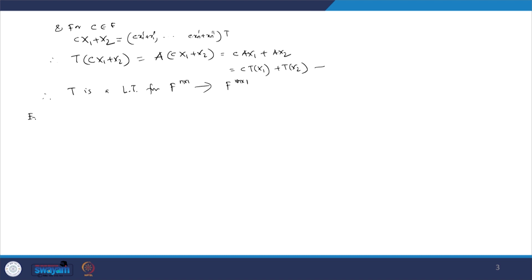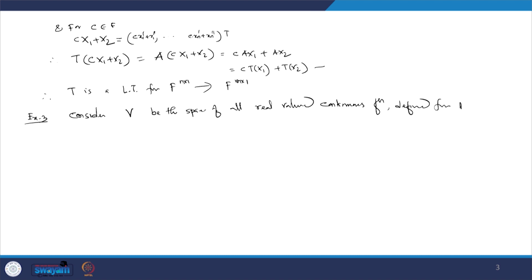Let me take another example. Consider V to be the space of all real valued continuous functions defined from the real line R to R. Then define the map, say T, on V as below.